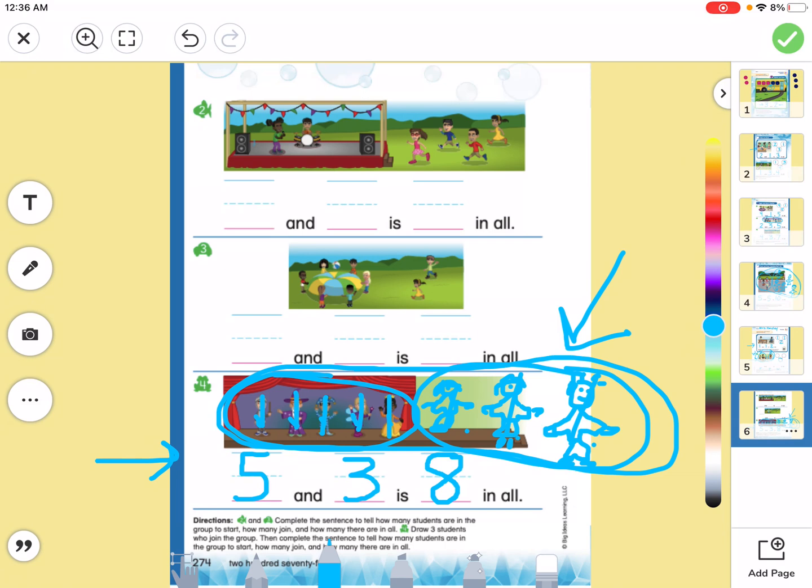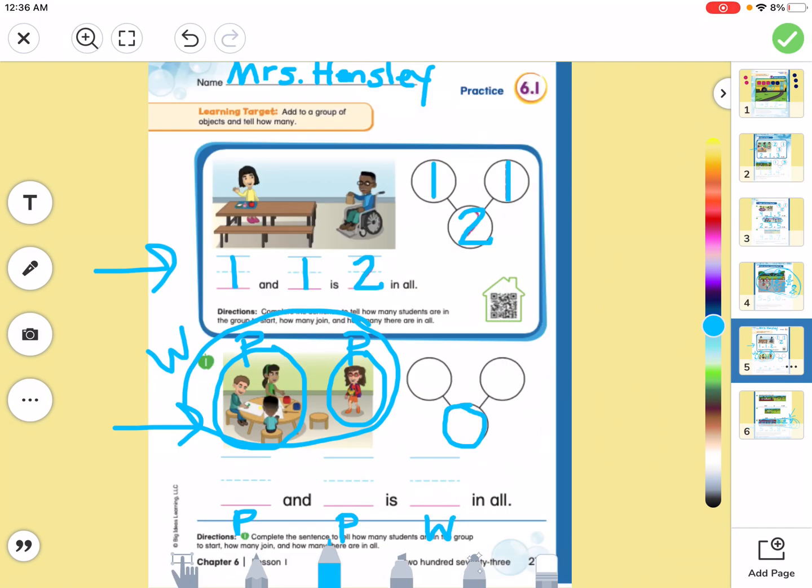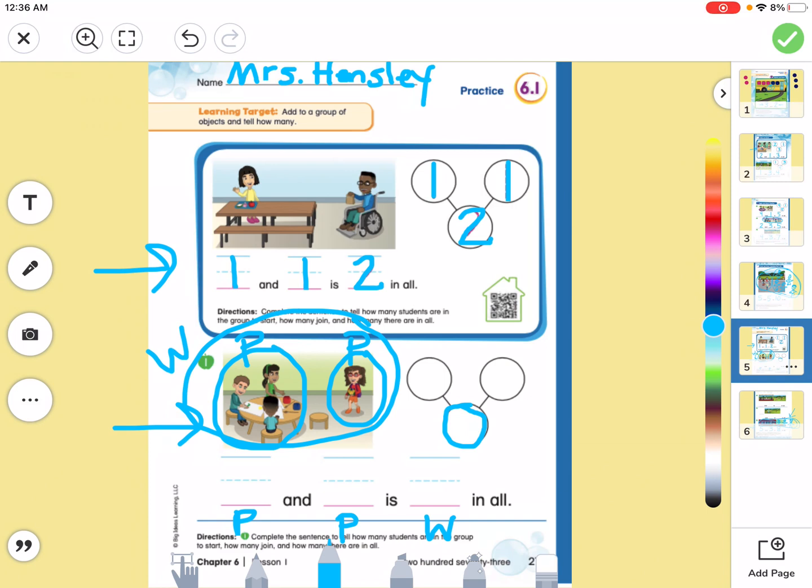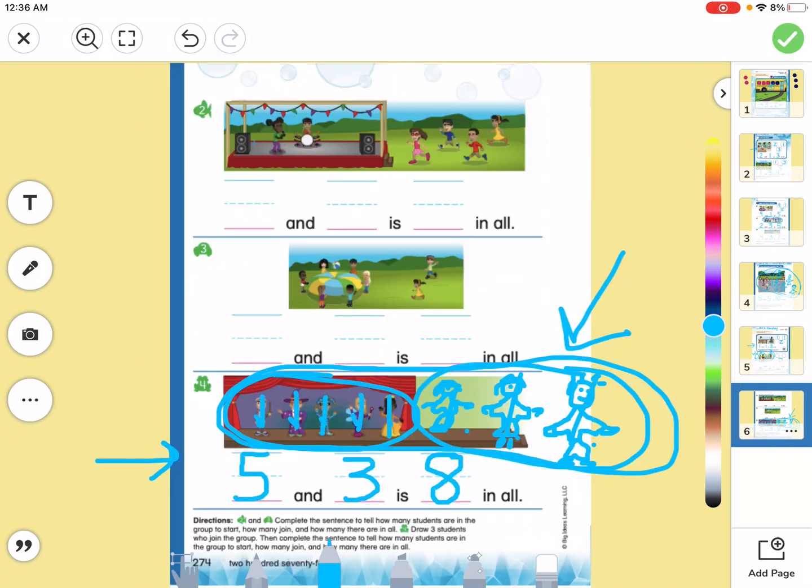Okay? Once you are finished with this page right here and this page right here, so that is pages 273 and 274, you'll see it right here.